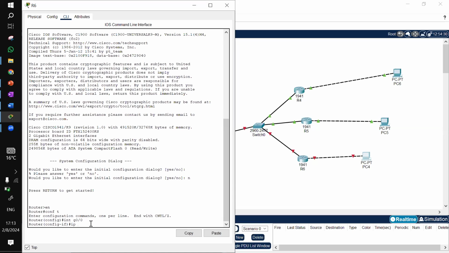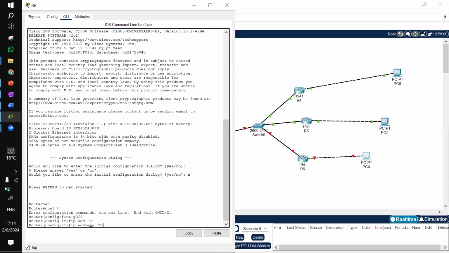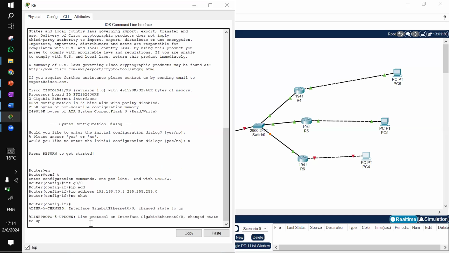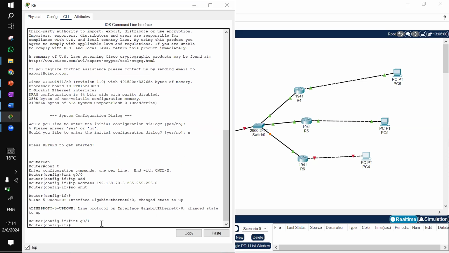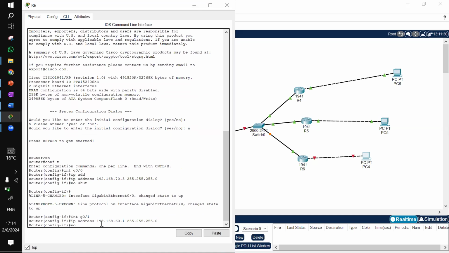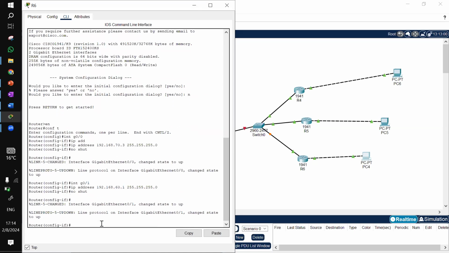IP address 192.168.70.3, 255.255.255.0, no shut. Another one, gig 0/1. Right, it's router number 6, so the IP address is 60.1, no shut. Right, that link is up.